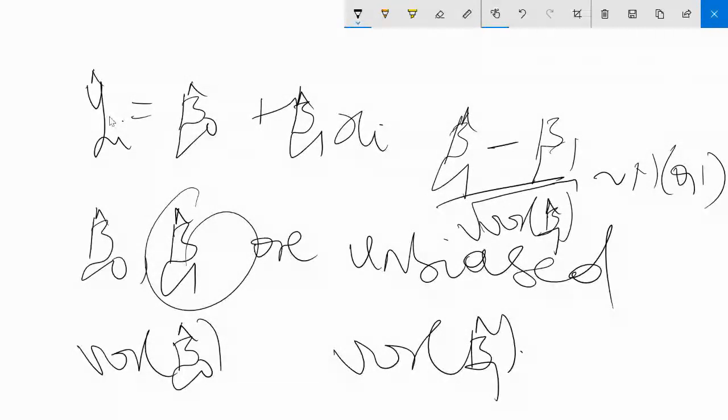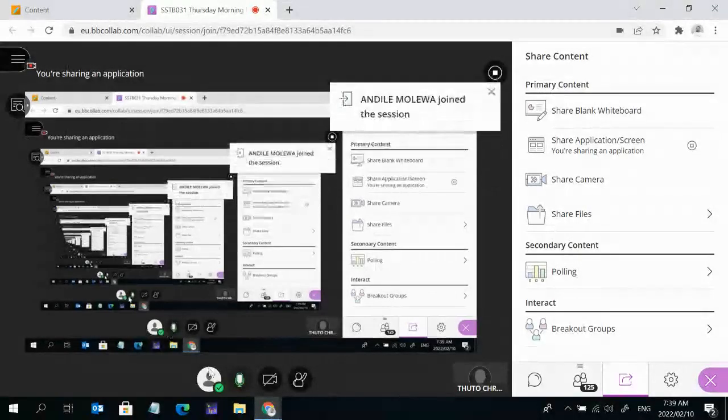And because we have sigma there, which is unknown as well, we have to estimate it using S. After estimating that, this tends to follow a Student t distribution. So you know those things. I was just taking you back so that you can follow where we are going.